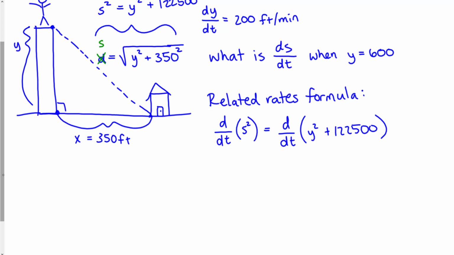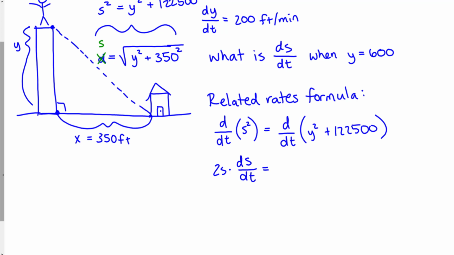All right, so the derivative with respect to t of s squared is going to be 2s times ds dt. So it's the derivative of the function itself times the derivative of the inside part, ds dt. Over here, a similar thing happens.